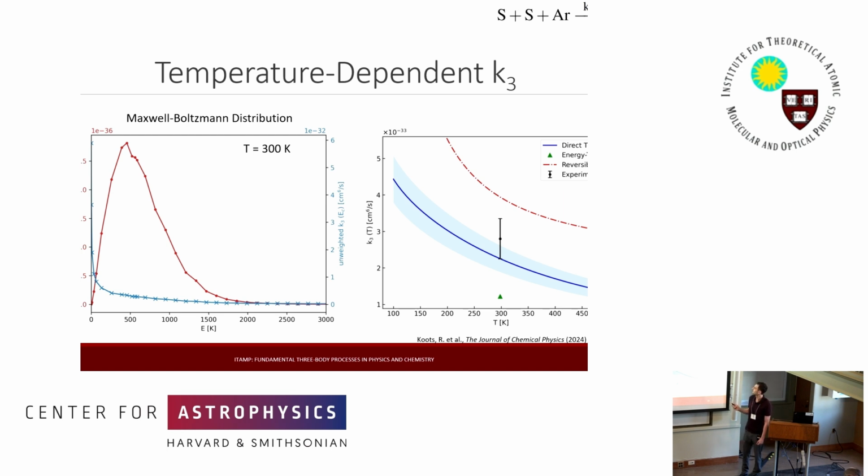And that's the results here. And then this is through the energy transfer mechanism. These two methods also have pretty good agreement, but we see that the direct three-body recombination method also works.